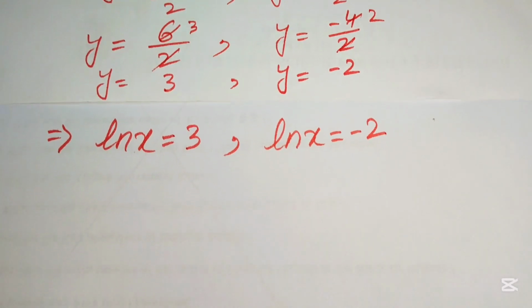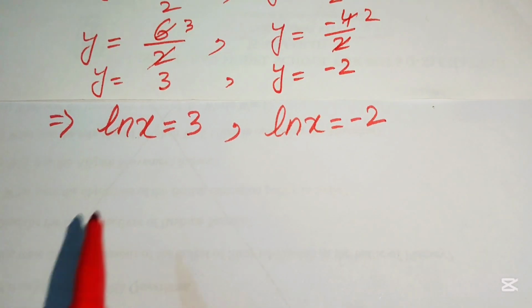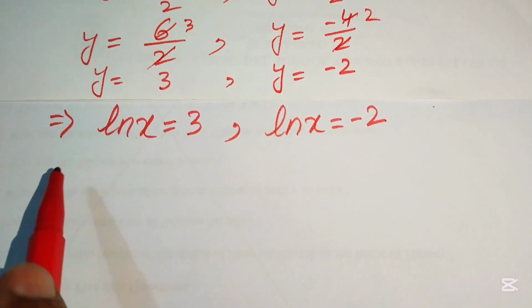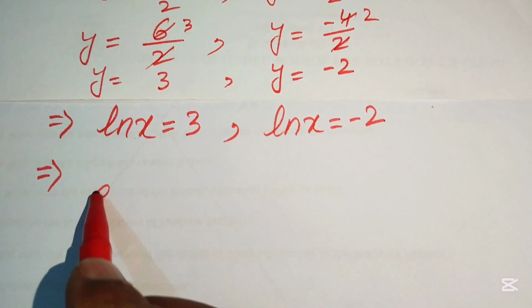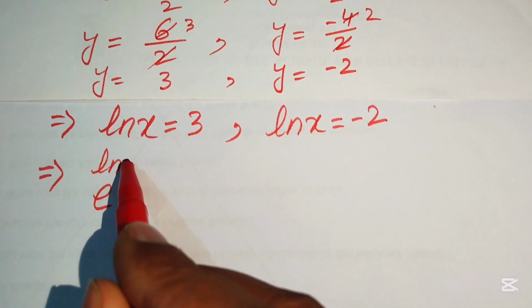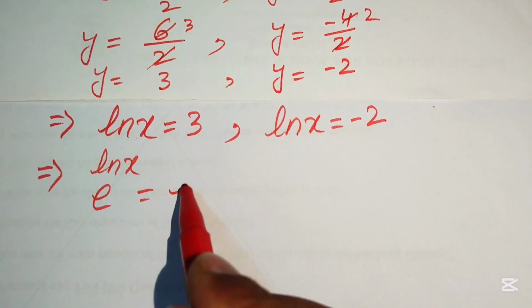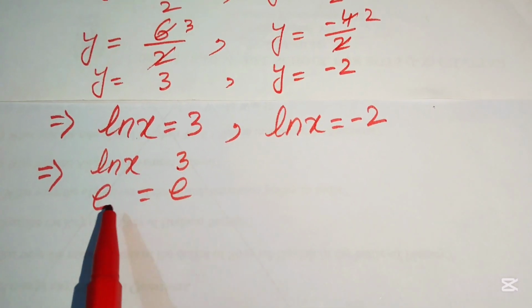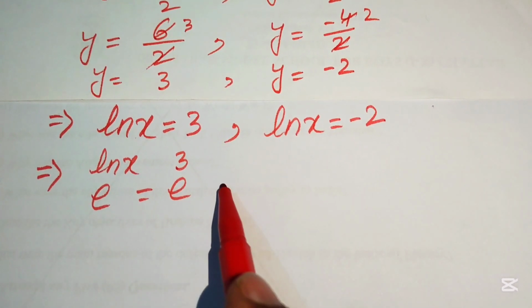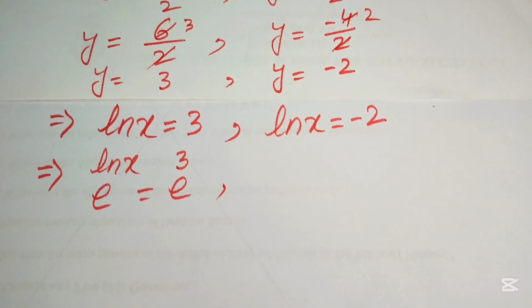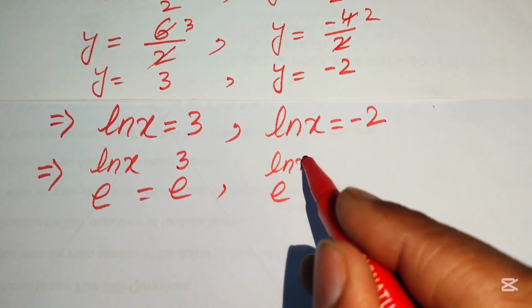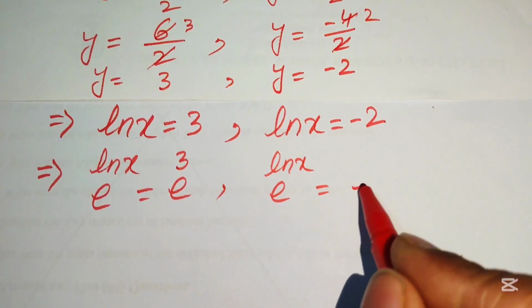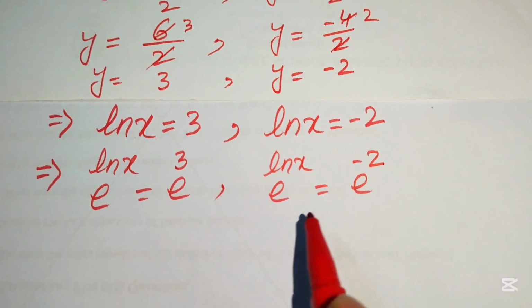Because we solve this problem for the values of x, in order to remove this log we need to take the anti-log on both sides, so it will be written as e to the power of log x equals e to the power of 3. Similarly, in the second case we again take the anti-log, and it will be written as e to the power of minus 2.